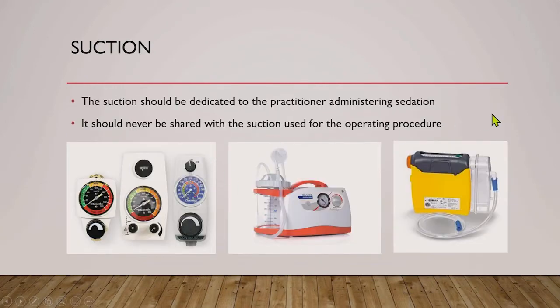When the patient is being transported to a place without a wall suction, a portable suction should also be available. The suction should be dedicated to the practitioner administering the sedation, and it should never be shared with the suction used for the operating procedure.